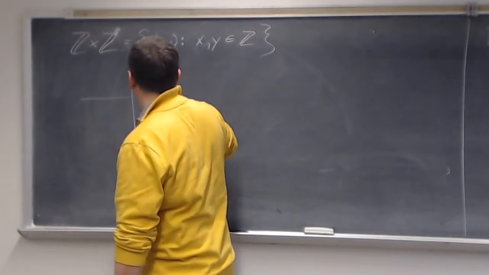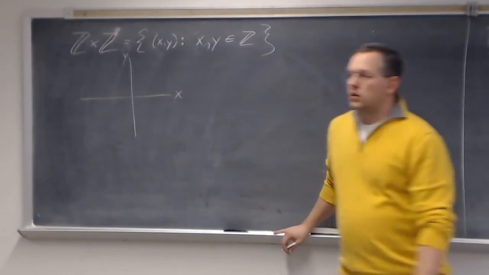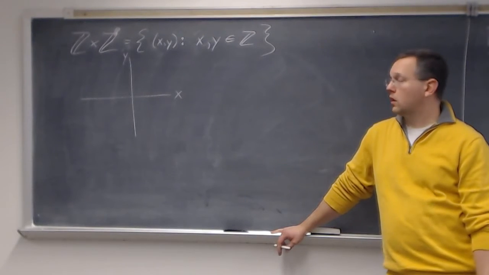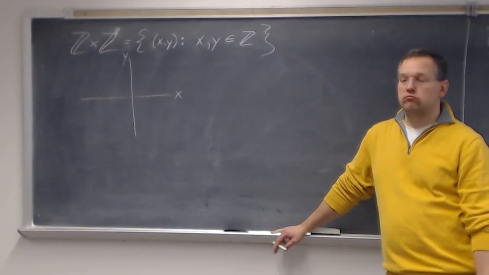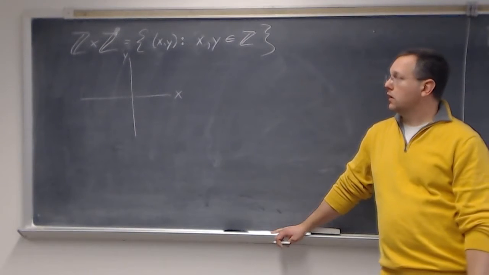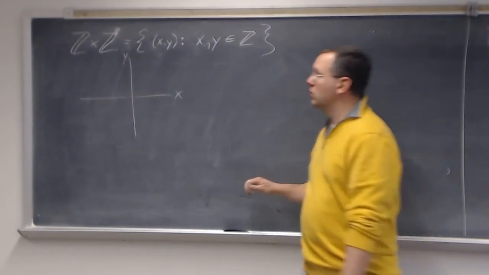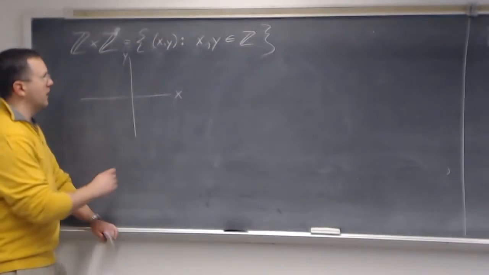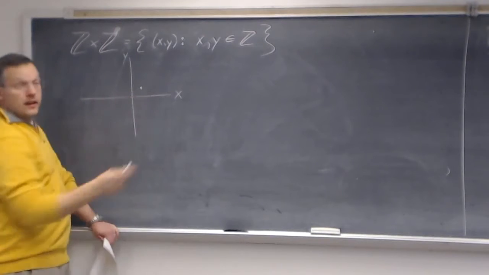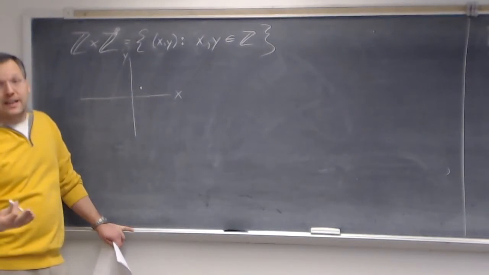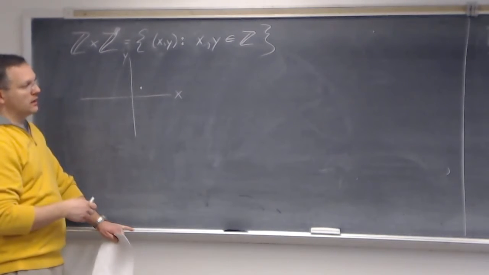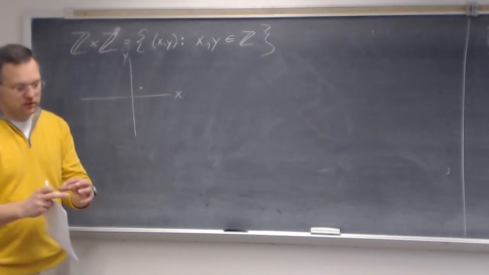So here's the XY plane. What are the points whose coordinates are both integers? What's it going to look like? Kind of like a scatter plot, a bunch of points. Let's give some examples. 1, 1 would be in this set. It's a grid, or in mathematics we call it a lattice. We call them the lattice points. Have you ever seen the structure of a salt molecule?